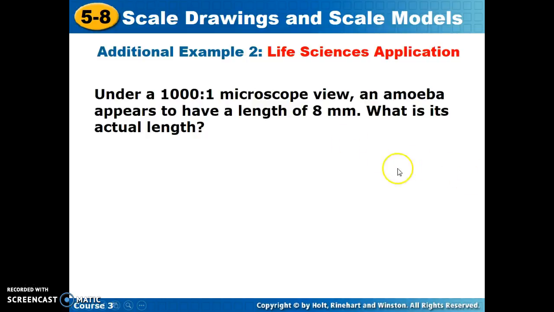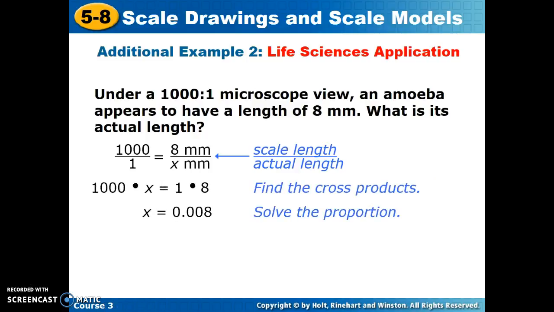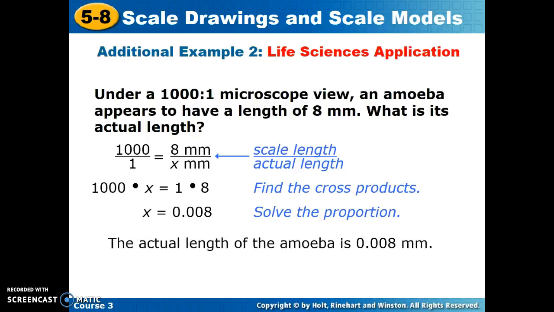Also, we know in a microscope it's making things appear to be larger than they actually are. So the top number is the unreal part, the bottom is the actual. What you're seeing is not real, so that goes on top, 8 millimeters, and then 1000 and an x on the bottom. From there you can solve it however you would like. So 8 thousandths of a millimeter.